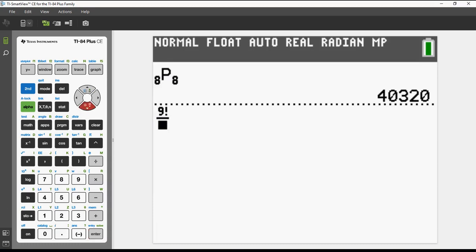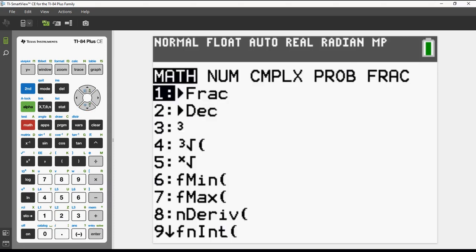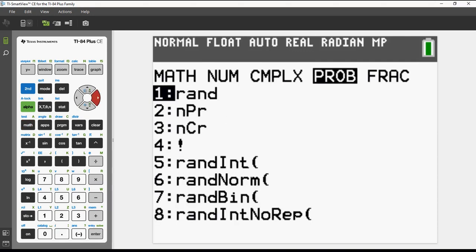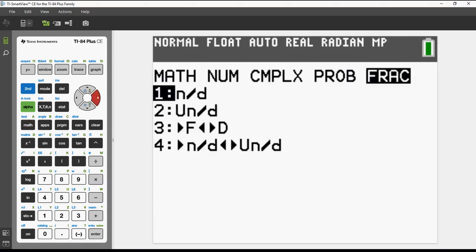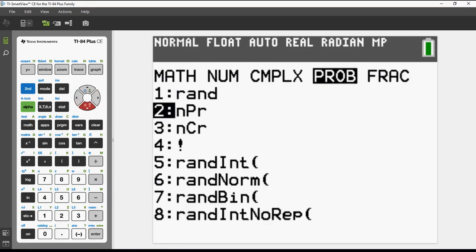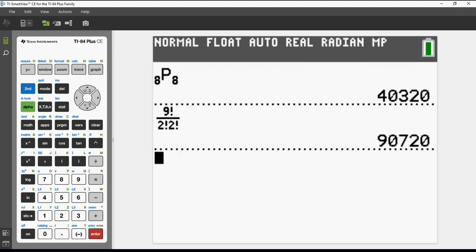There you go. And then down below, we put all of our 2 factorials. So 2 factorial. 2 factorial. Whoa, hit enter on me.